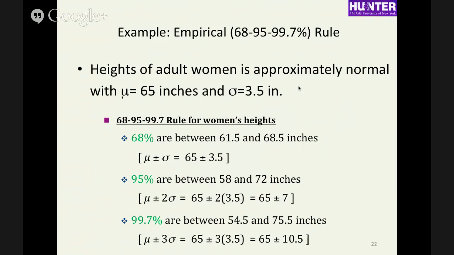So if you're on the scale of the standard normal distribution, then it's just values of 1, 2, 3, but you can use it on the original scales such as weights and heights.